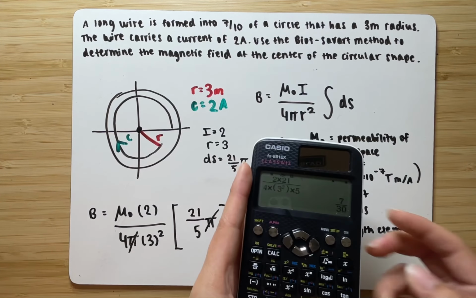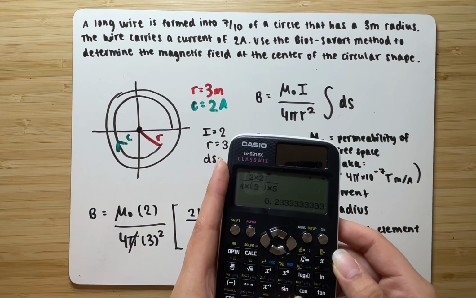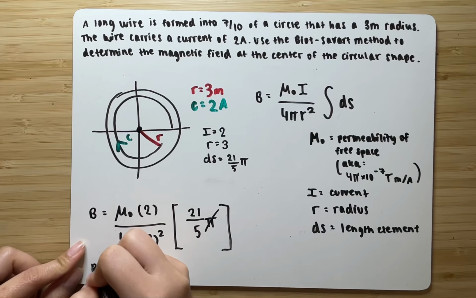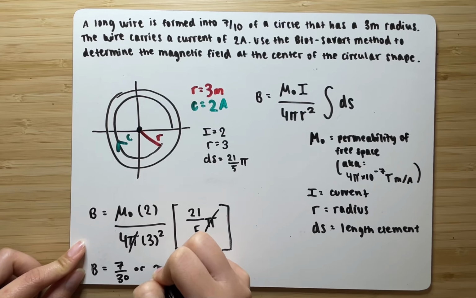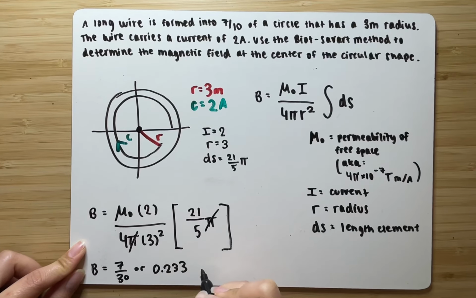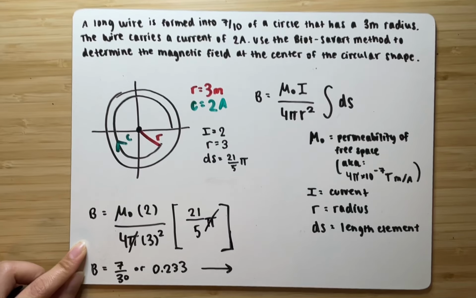So the magnetic field is going to be 7 over 30, which translates to 0.233. So B is equal to 7 over 30 or 0.233. And when you write the magnetic field, let's stick with the decimal, okay?